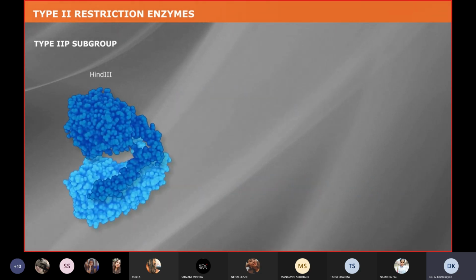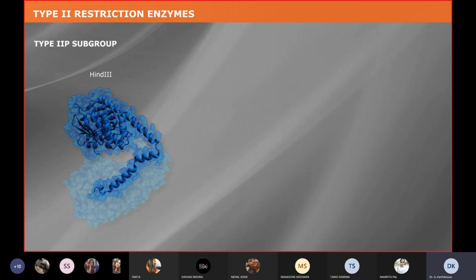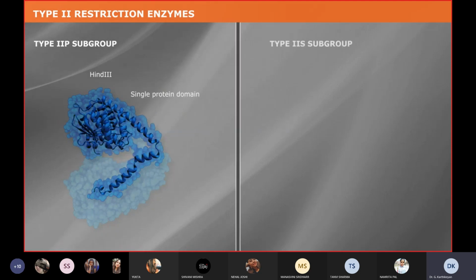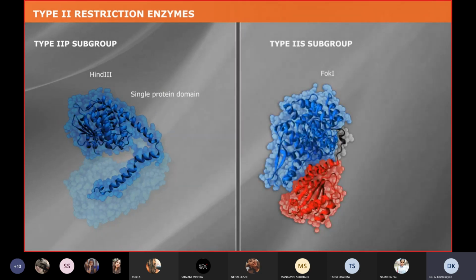In contrast to type 2P enzymes, in which the amino acids that catalyze cleavage and those that recognize the DNA are integrated into a single protein domain, in the larger type 2S enzymes, these amino acids are partitioned into 2 separate domains, linked by a short polypeptide connector.